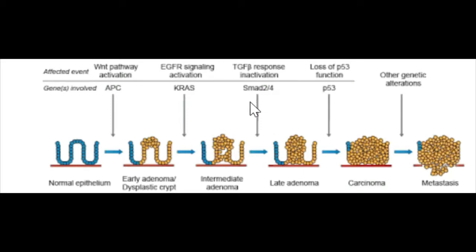SMAD2 and SMAD4, these next mutations here, again, are involved in signaling pathways. So they're involved in controlling the rate of cell division by basically transmitting signals that arrive at the cell surface to the nucleus.